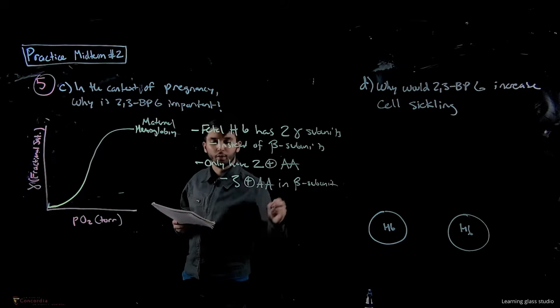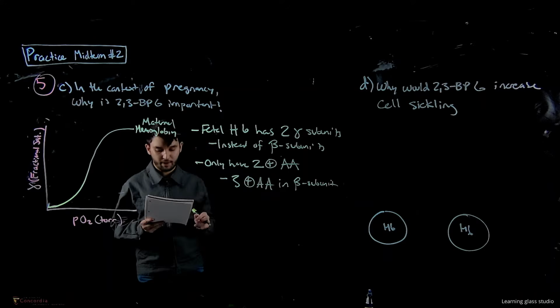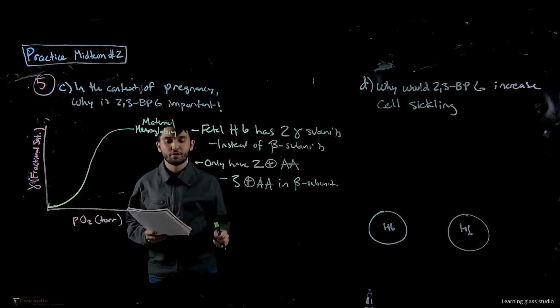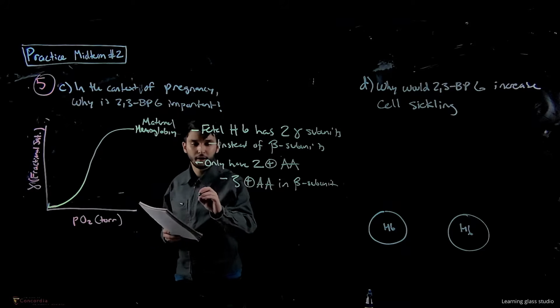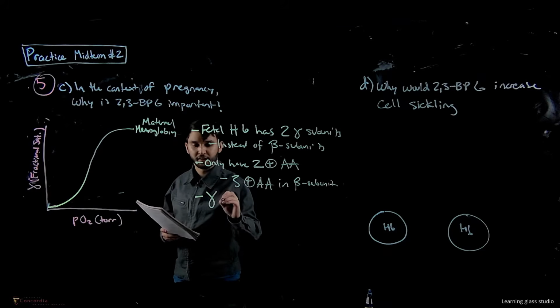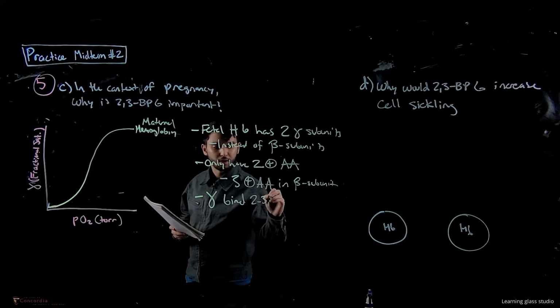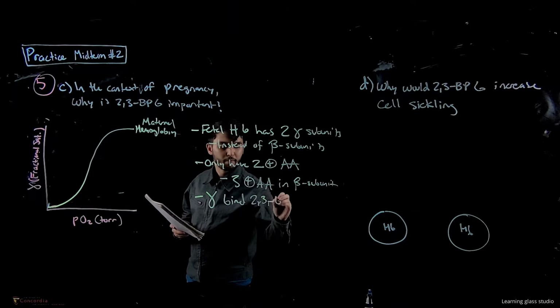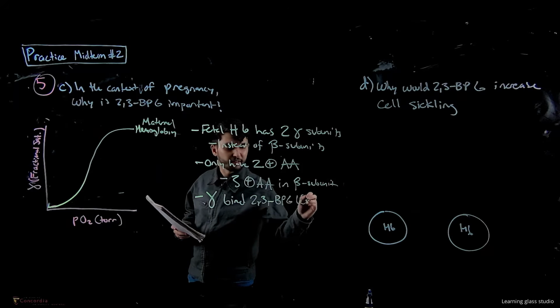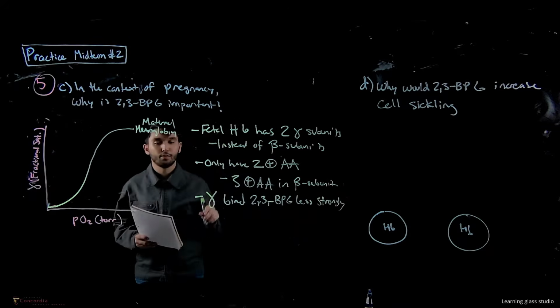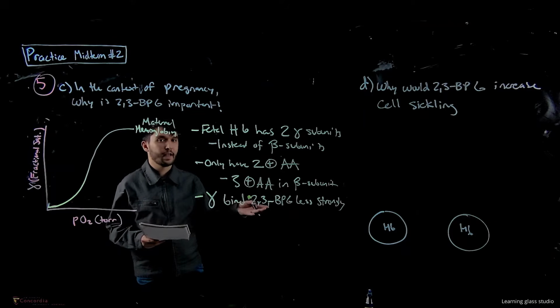These are what are going to bind to 2,3-BPG. If you only have 2 positive charges versus 3, these gamma subunits bind 2,3-BPG less strongly. There's only 2 positive charges, so it doesn't bind the negative molecule 2,3-BPG as strongly.